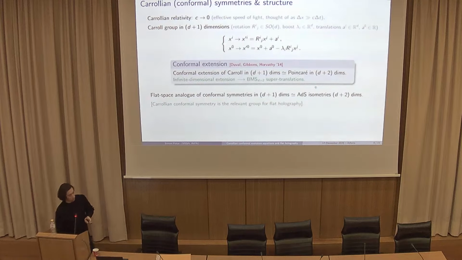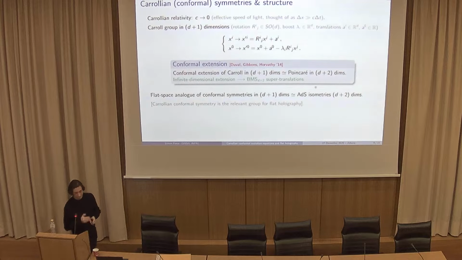One very important result that is going to be useful for us is that the conformal extension of this group of transformations, where you add scale transformation and special conformal transformations, is isomorphic to the Poincaré group in one more dimension. And you really have to think of this statement as the flat version of the fact that when you consider conformal transformations in d+1 dimensions, this is the same as the AdS isometries in d+2.